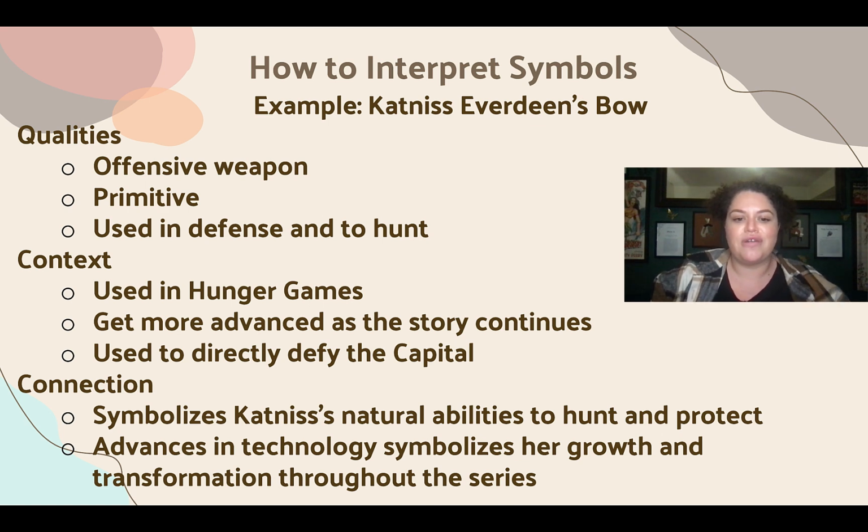She grows throughout the story, and the bow reflects that. The journey of the bow reflects the journey of Katniss, essentially, right? So again, we have to connect these qualities and consider the context that this is being used in, and then we can make a connection to figure out what this symbol actually means, how we interpret the symbols.